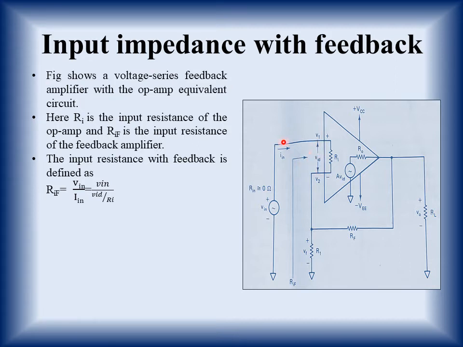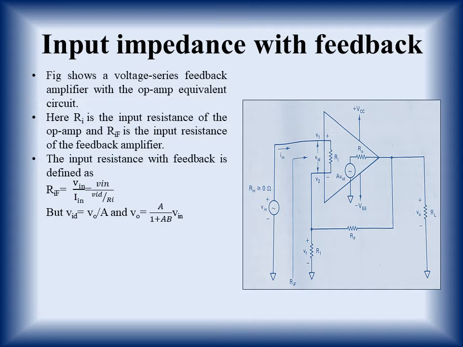See here, current is coming here, it is flowing through this resistance. So this current can be calculated as V upon R. What is V? V is VID and R is RI. So in place of IIN we can write VID upon RI.